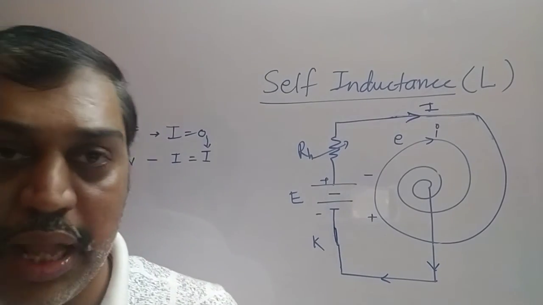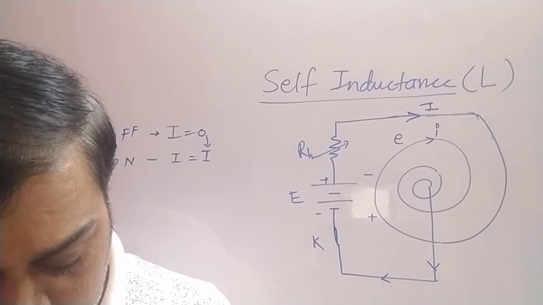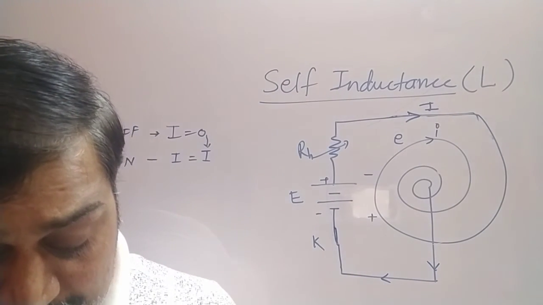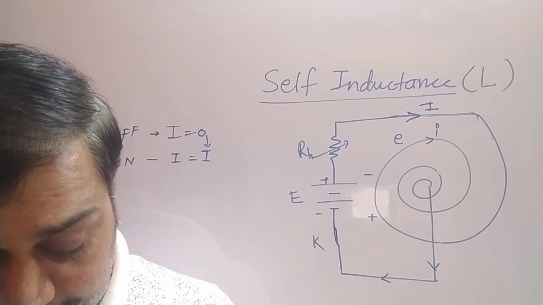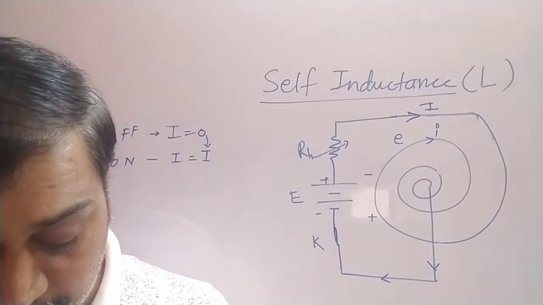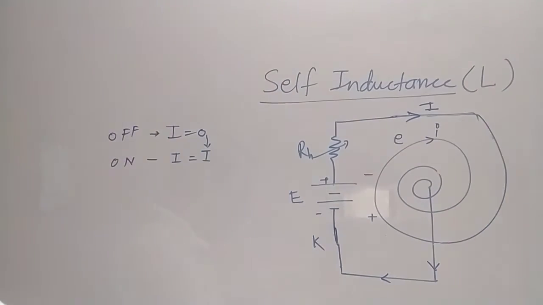Below that they have given the definition. I will read it once. The production of induced EMF in a coil itself on account of a change in current in the same coil is termed the phenomenon of self-induction. This is said to be the phenomenon of self-induction.